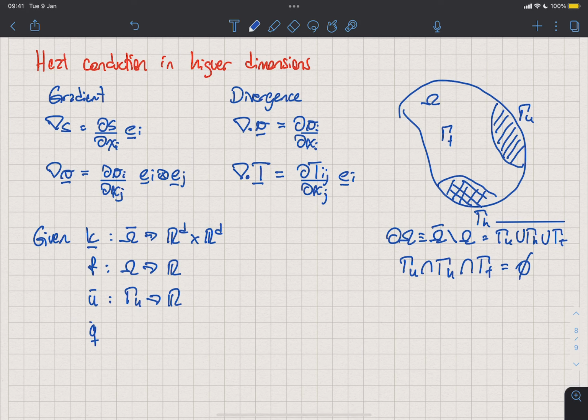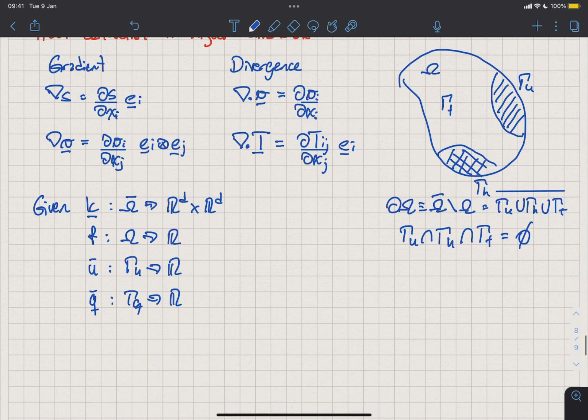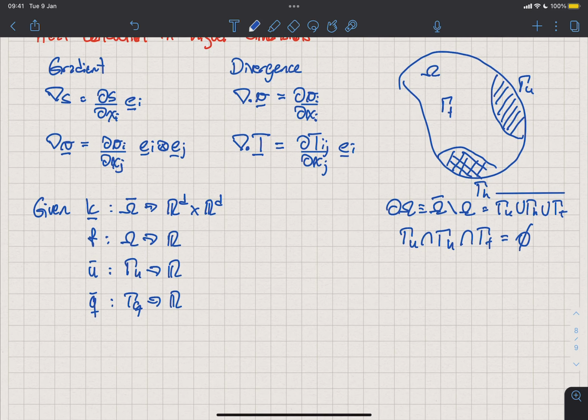Our heat flux from gamma Q to R. This is not the heat flux. Our heat flux is a vector, but remember that this Q bar, we have to dot it with the normal. That is where it becomes a scalar field. And H, which is our film coefficient, gamma H, is also a scalar field.